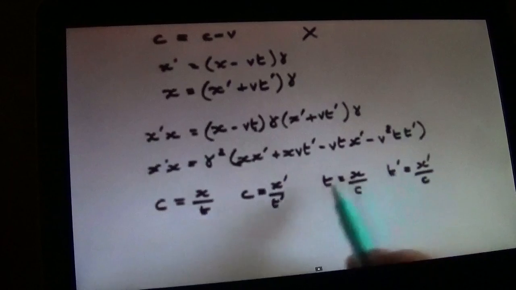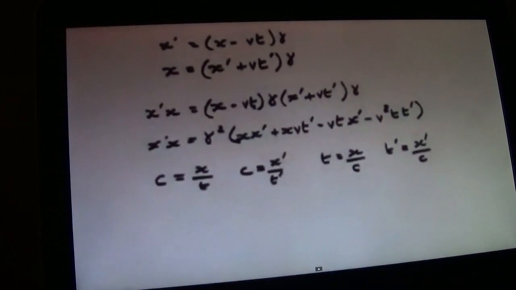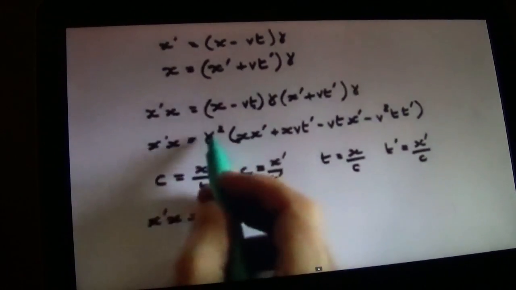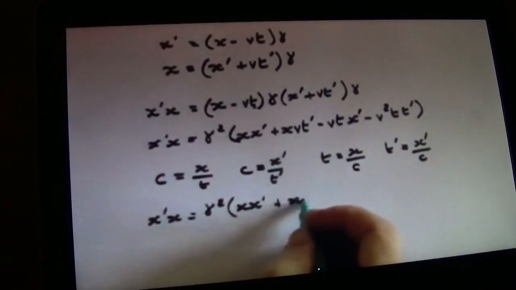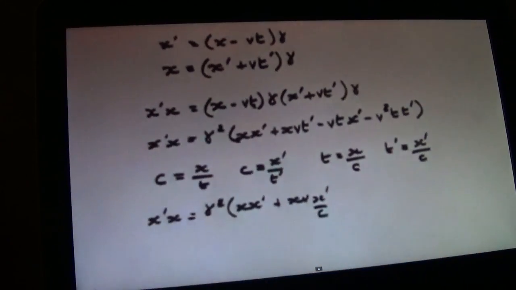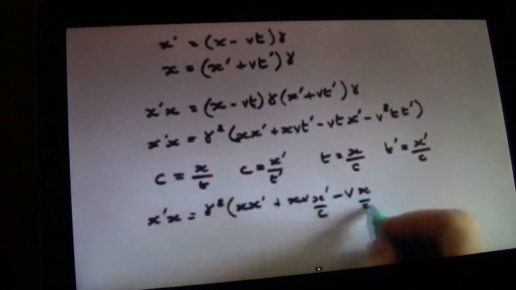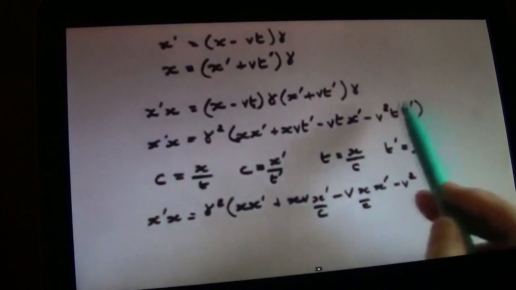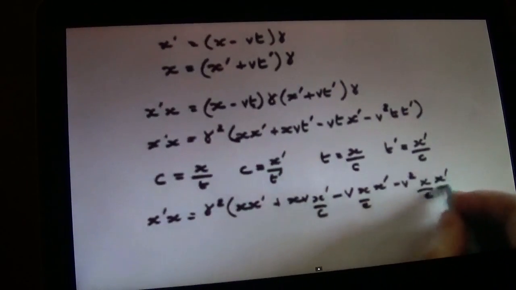Substitute these values for t and t prime into this formula here. What do we get? We get that x prime x is equal to gamma squared from here into x prime, well that's that, plus xv. Now instead of t prime I'm going to put x prime over c, minus v, and instead of t I'm going to put x over c times x prime, minus v squared, and instead of t prime I'm going to put x over c, x prime over c.